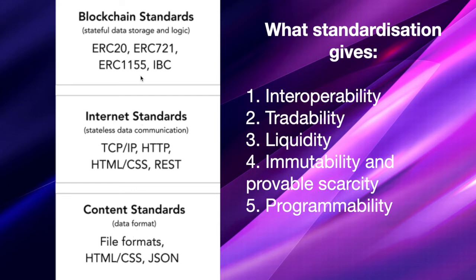But going back to blockchain and NFT tokens, standardization gives lots of opportunities and lots of chances to develop the market better. And the first one is interoperability. Non-fungible tokens and standards need to be interoperable between different marketplaces, so between different wallets. You know that there are many wallets.